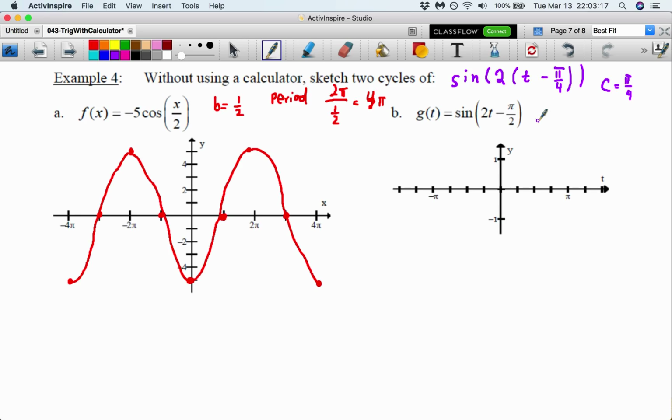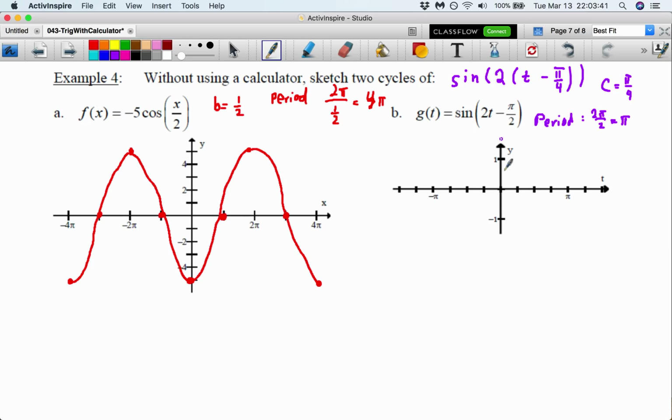And what's this 2 doing? My period equals 2 pi over 2, or pi. It takes me pi to repeat now. So again, plugging things in, not the worst to get started. If t equals 0, we have sine of 0 minus pi over 2.